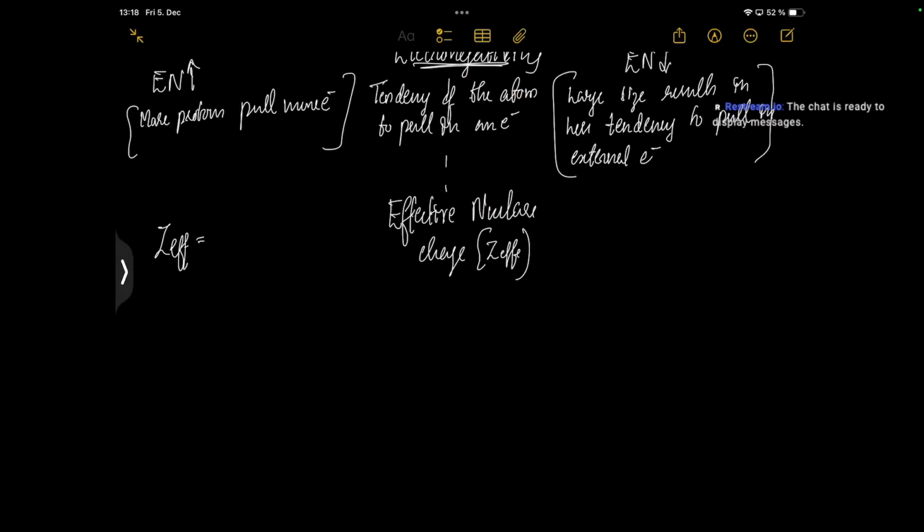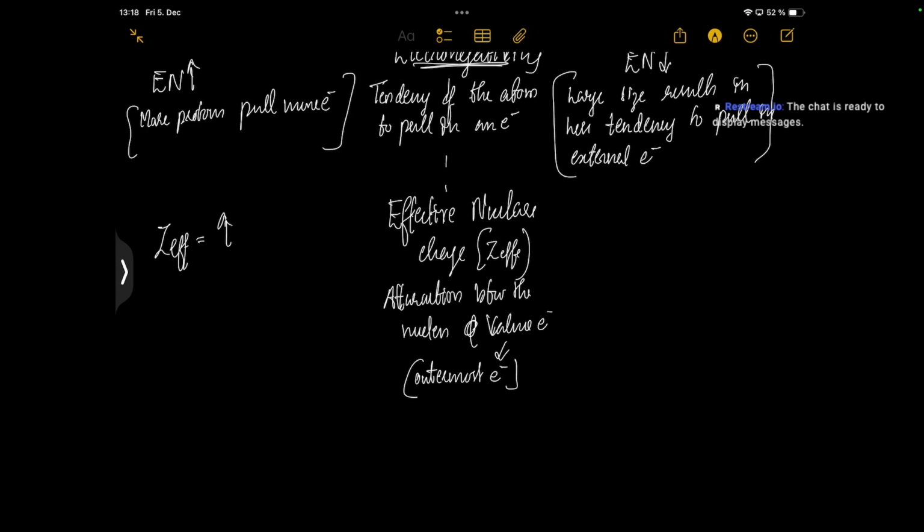It's the interaction between the nucleus and the valence electron, the outermost electron. So Z effective is higher for smaller atoms, as due to their smaller size, the nucleus has more effect on the external electrons.